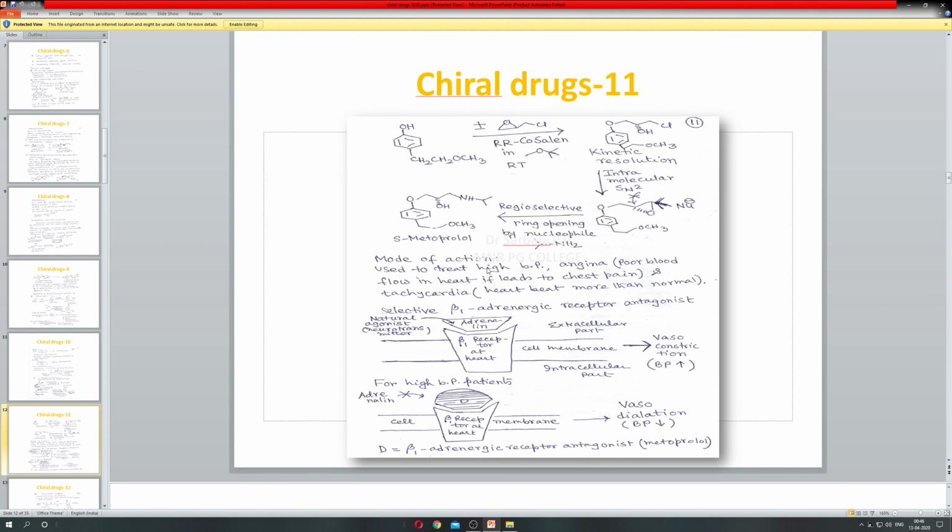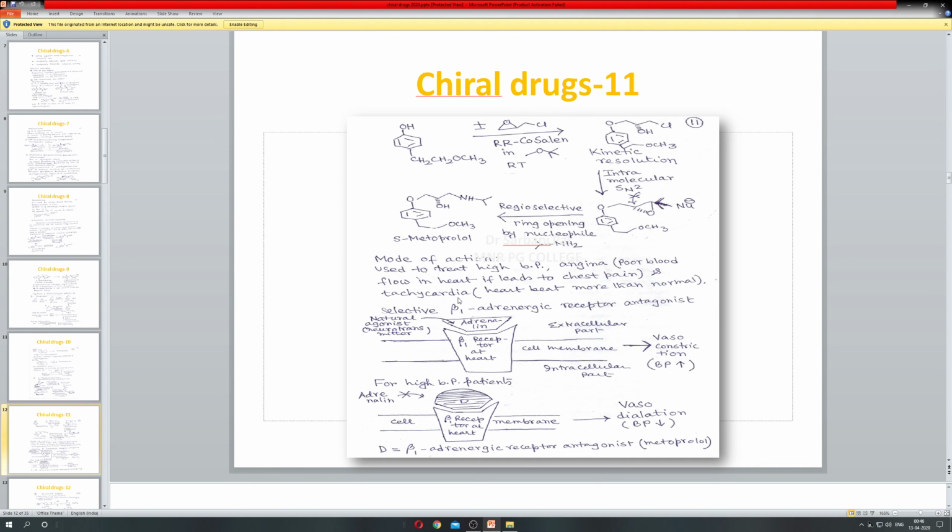Now what is its mode of action? Already we know that it is a beta blocker, and it is used for the treatment of high BP in cardiac patients. A cardiac patient may have angina and also tachycardia. Angina means they have some block in the heart, so they have chest pain, and tachycardia means the heartbeat is more than normal.